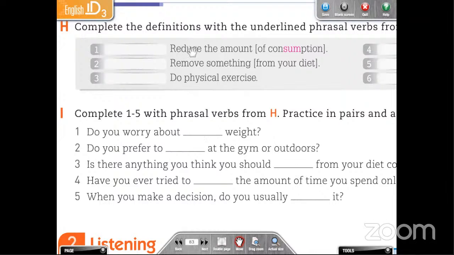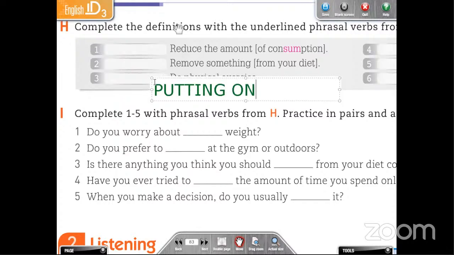Okay, remember that when we use a verb after a preposition like about, for example, we have to put that with ing, right? Putting on, okay? Because before this verb, we have a preposition that is about. And so when we have this kind of situations, we have to put ing to the verb.